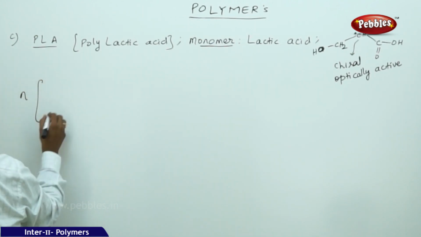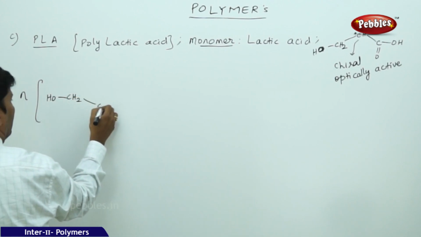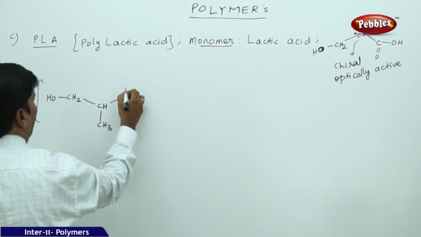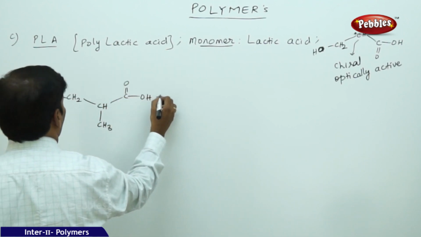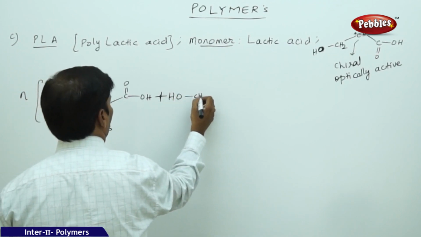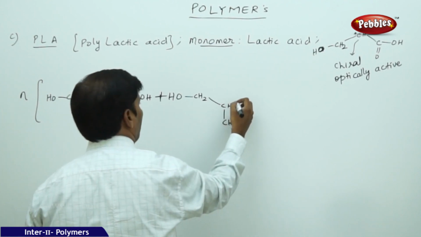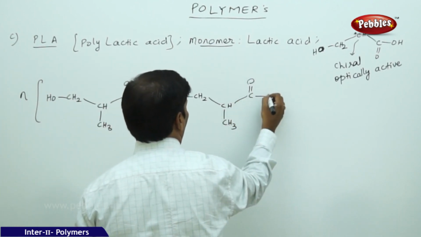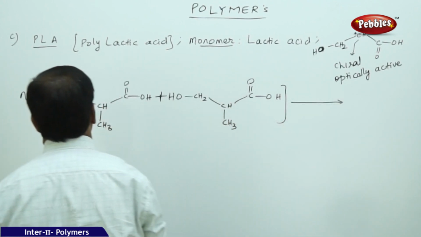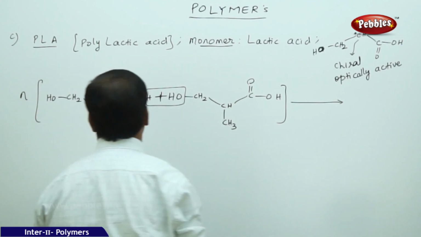So take this lactic acid as a monomer. N number of molecules you take: OH of CH2 of CH of CH3, again carboxylic acid, OH, plus again OH of CH2, CH of CH3, again carboxylic acid with one OH. This is carboxylic acid, so remove one molecule of water.